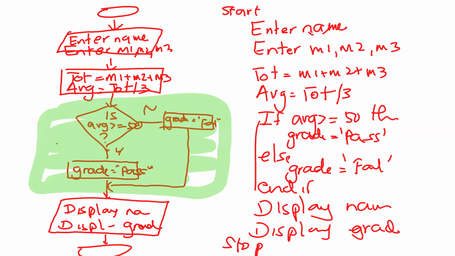This is your selection part. And here also, this is your selection part. So sequence is there, selection is there. All of you, is that clear? Yes. Right. Others?